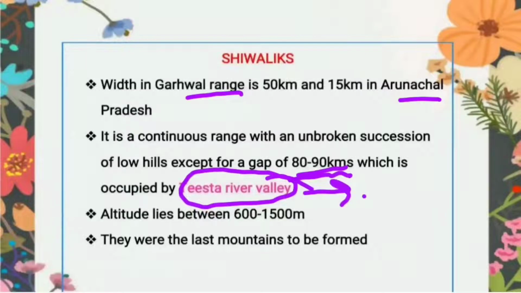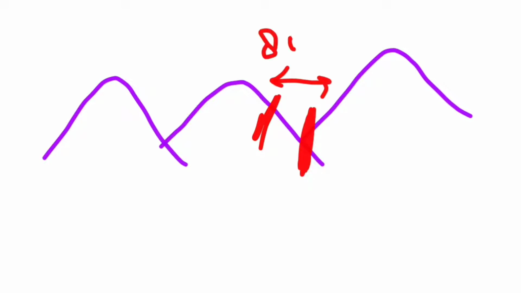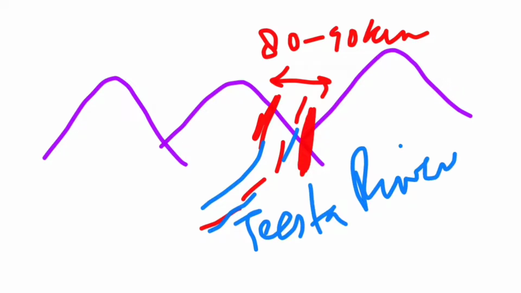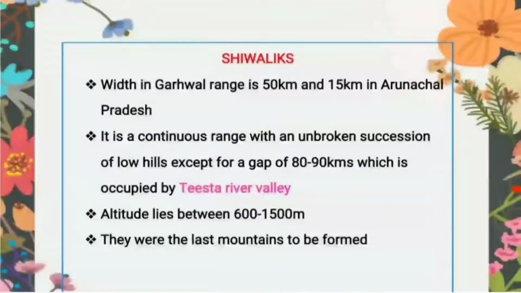So you can say this is a continuous range of mountains, but in between there is a cut of about 80 to 90 kilometers, from where the Teesta river flows. Otherwise this is a continuous range of mountains.